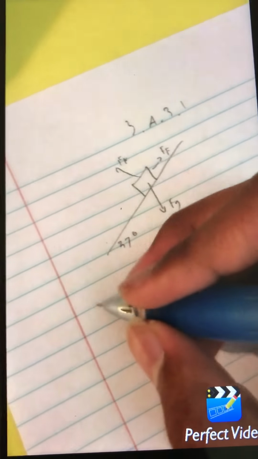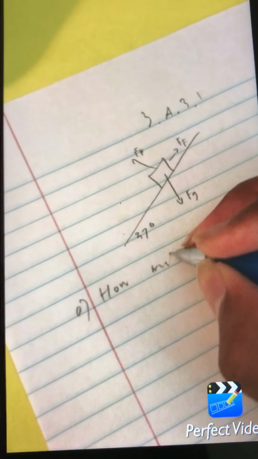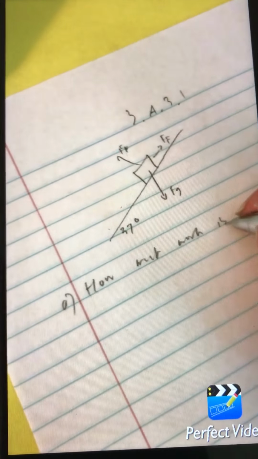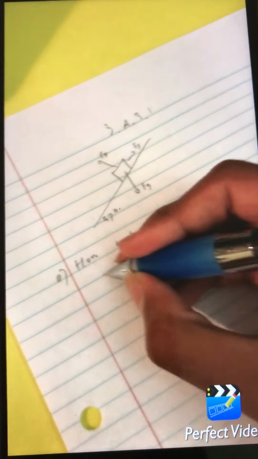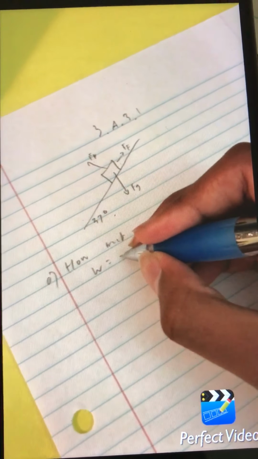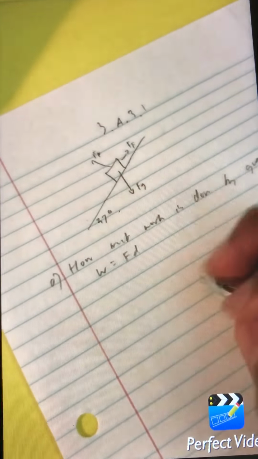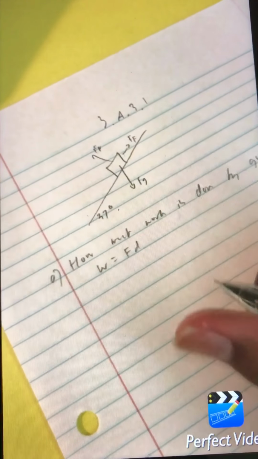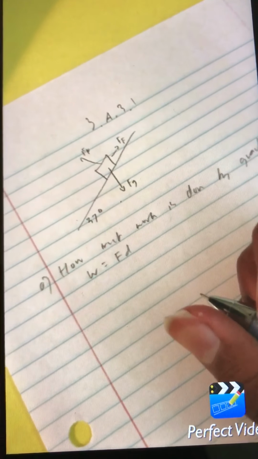So first, how much work is done by gravity? We know work is equal to force times distance. First, recall that the force that's directly responsible for pulling the box down the plane is the component of gravitational force that's parallel to the ramp.